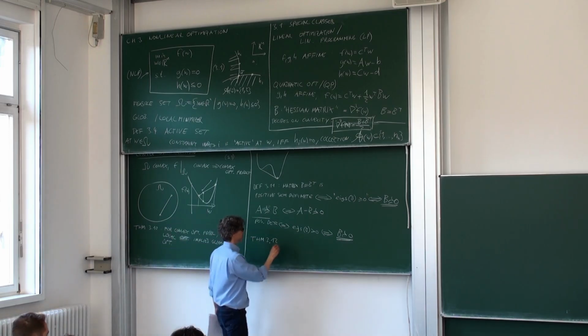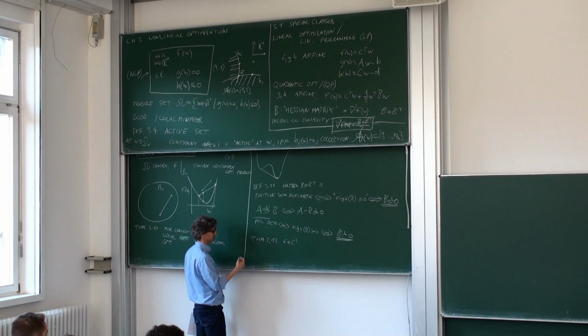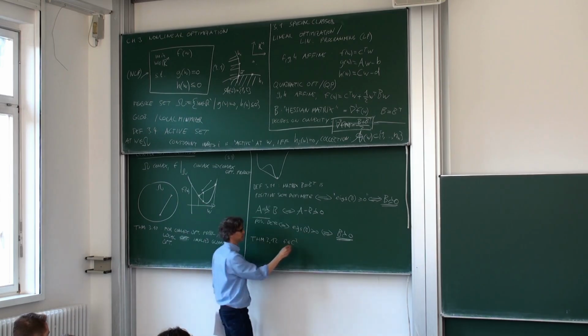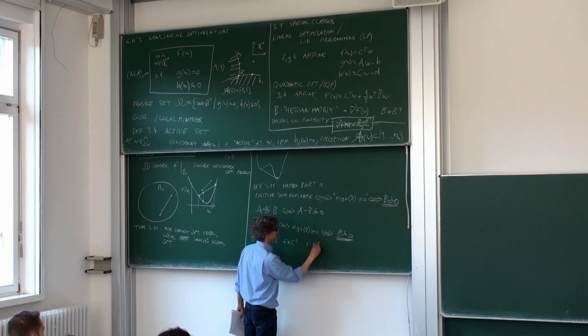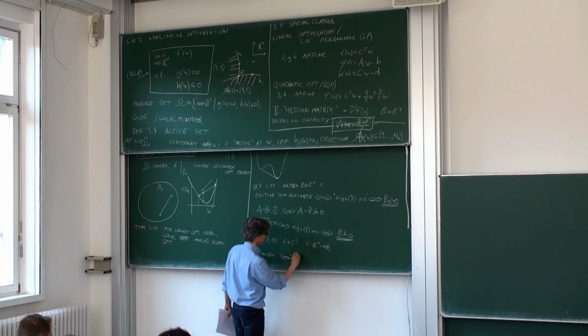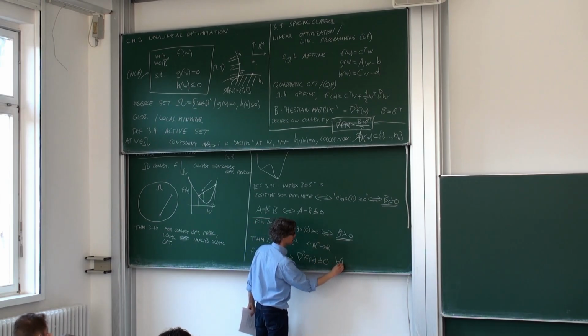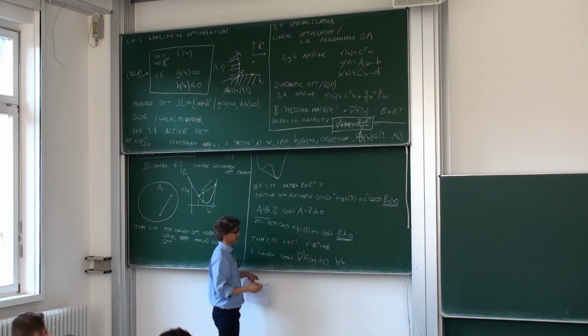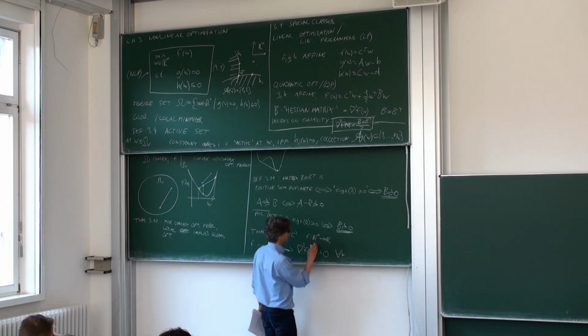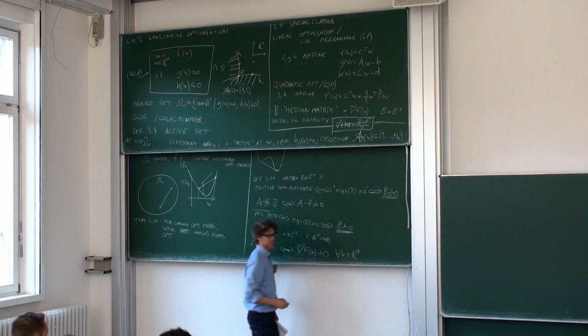So F is an element of C2, of course, with dimensions from Rn to R. Then F is convex as a function if and only if the second derivative of F at any point W is a positive semi-definite matrix for all W. And this is of course not the most general form, so you could also restrict it to a convex set.